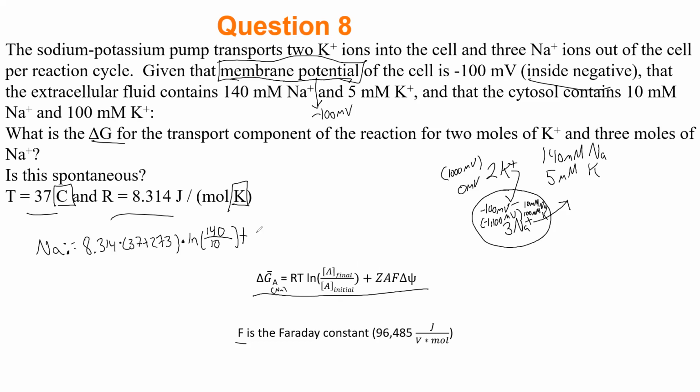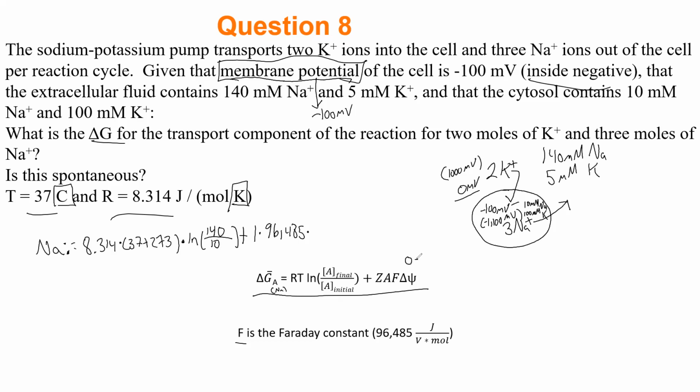plus the charge of sodium, Za. So the charge of sodium is 1, multiplied by Faraday's constant, 96,485, multiplied by the membrane potential. So this is final minus initial. Our charge in our final location, outside the cell, is 0, minus the charge of our initial area, which is negative 100.